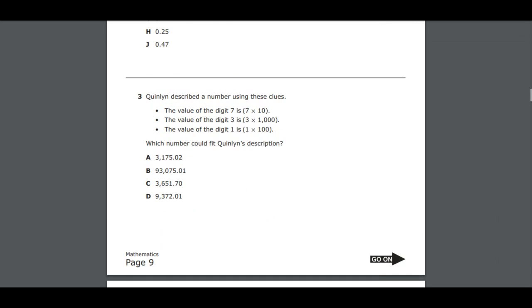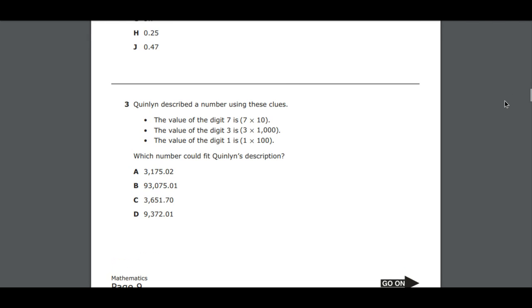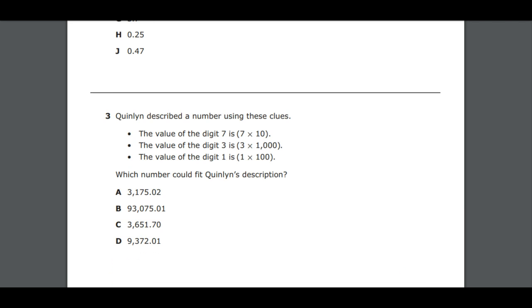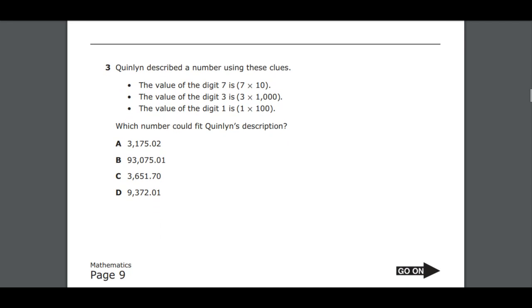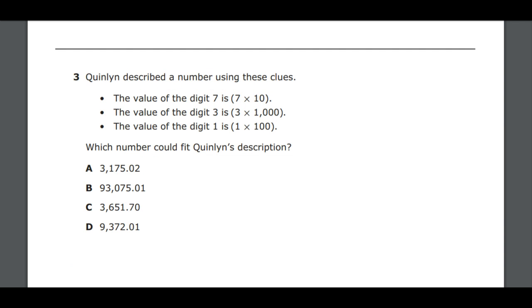Number 3. Quinlan described a number using these clues. The value of the digit 7 is 7 times 10. The value of the digit 3 is 3 times 1,000. The value of the digit 1 is 1 times 100.